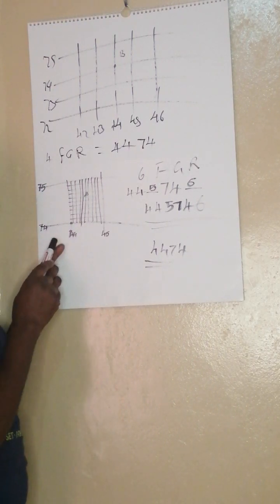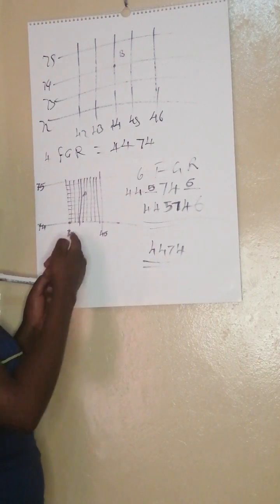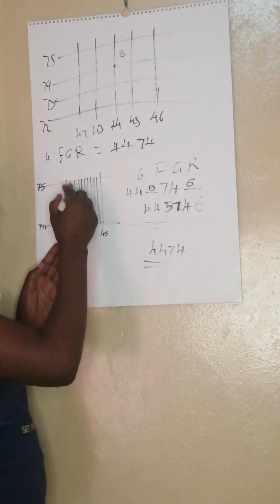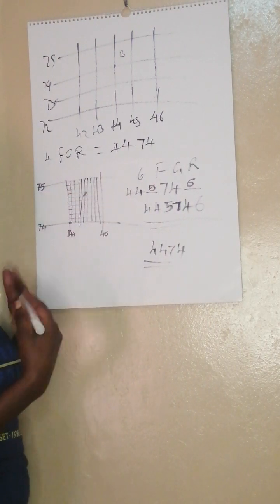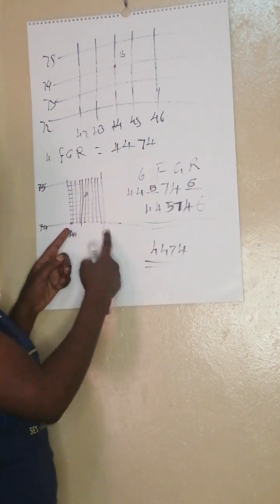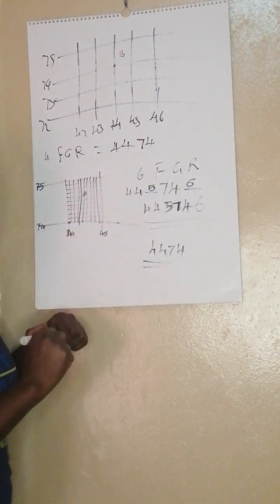If the lines are not there on the map, let's say you're in an exam and the map doesn't have these small lines, please try to use a ruler and put those lines, or you can even count without drawing them. When you put a ruler there, you'll be able to count the lines inside the box.